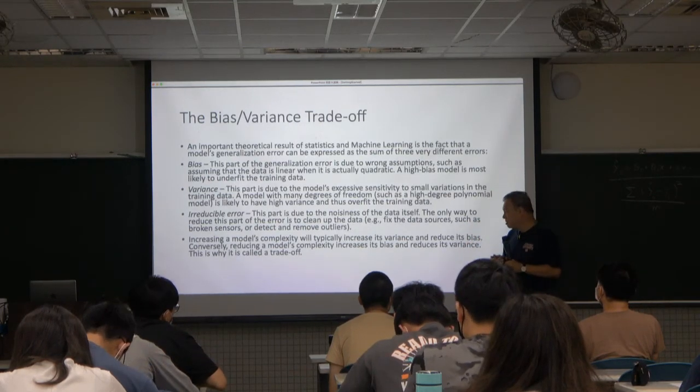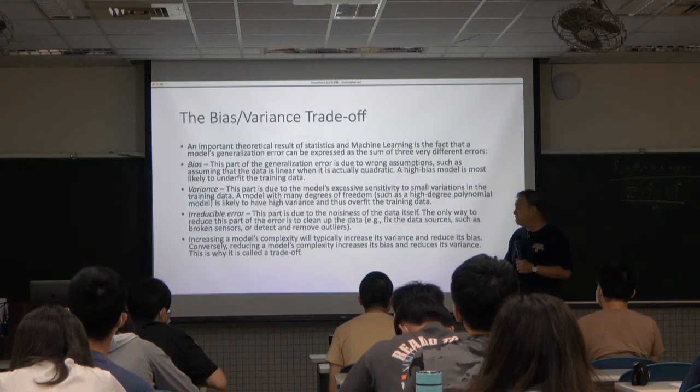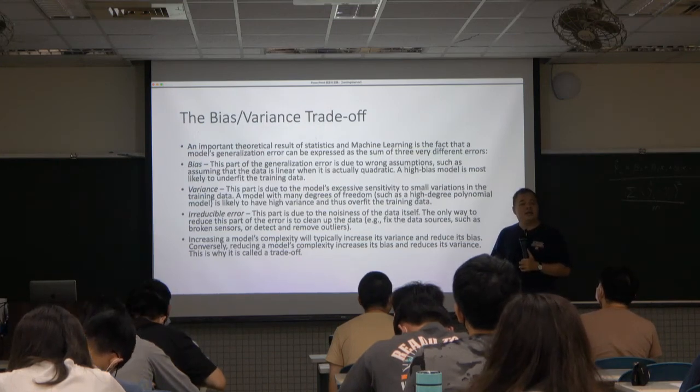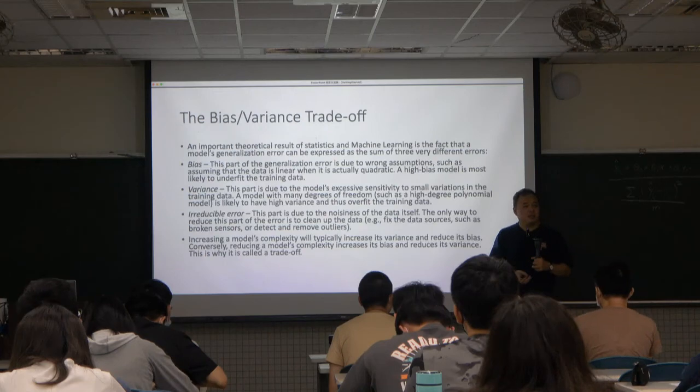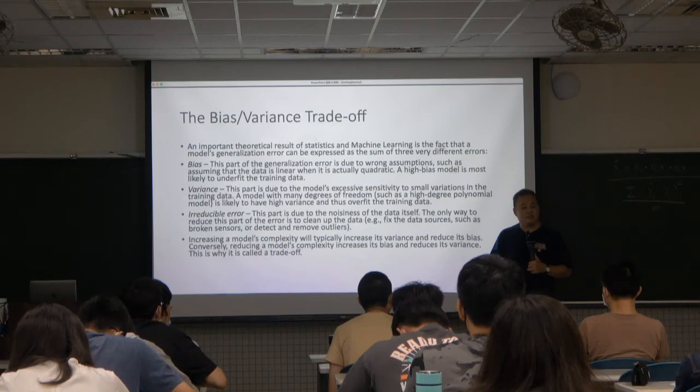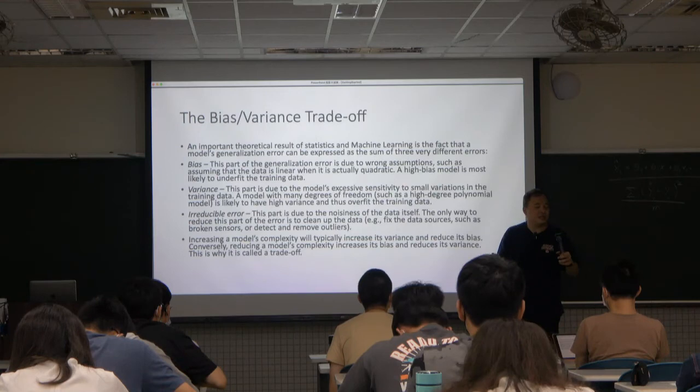As I said, in the example I showed you, we know those data sets are generated by a quadratic function. But in reality, when you get a data set, you don't know what the underlying complexity of the model should be. You have no idea, right?